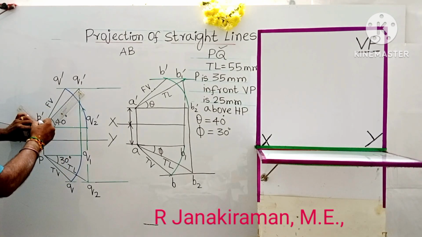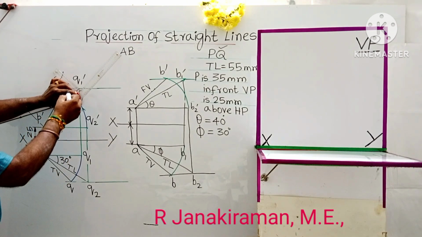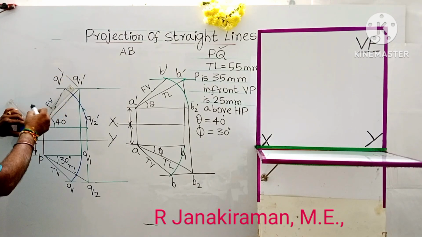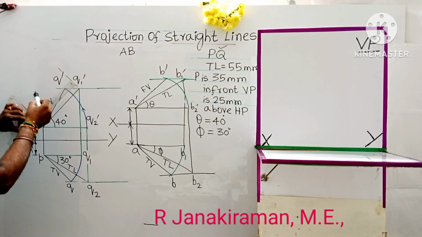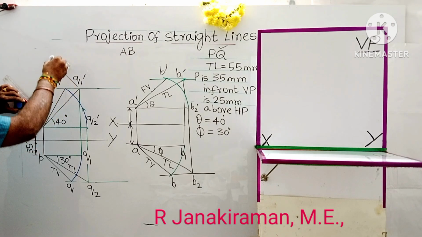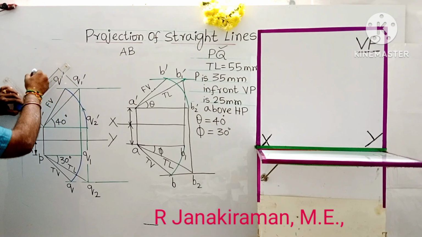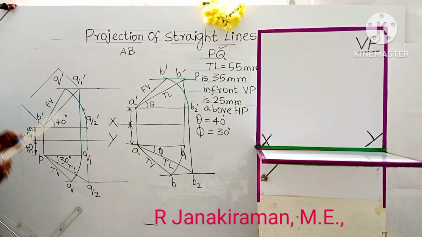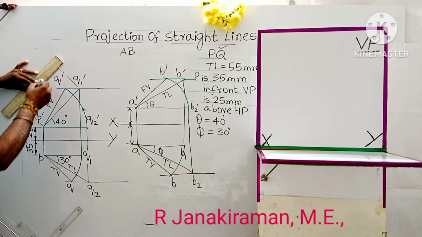Draw an extension line using the shorter scale like this. Another extension line from Q1 dash. Then draw a dimension line parallel to P dash Q1 dash using the longer scale of a drafter. So this line is called the dimension line.